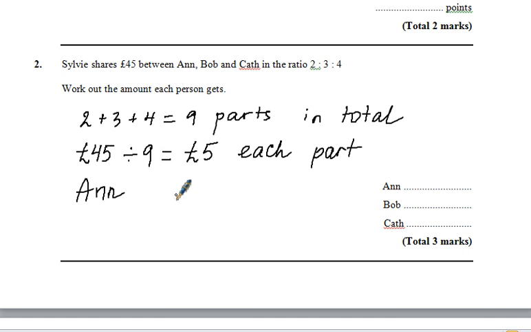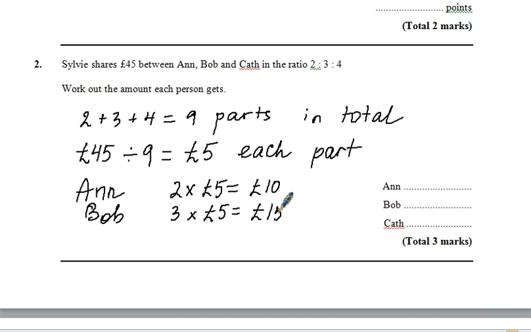So therefore, Anne, supposed to get 2 parts, will have 2 parts. Each part is 5 pounds. So altogether she gets 10 pounds. Then Bob will get 3 parts. Each part is 5 pounds, and it is 15.